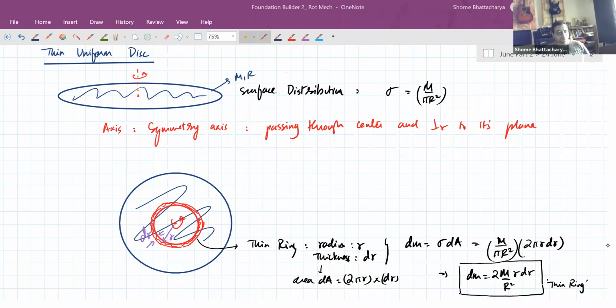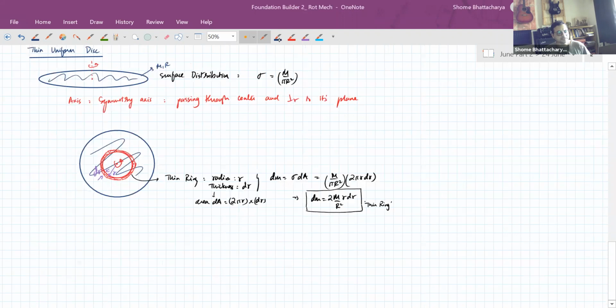Okay, so now let us see, once we have understood the mass of this ring, then this thin ring itself has a moment of inertia which is dm into r square, because we all just saw previously that the moment of inertia of a ring of mass capital M and radius capital R was MR square.